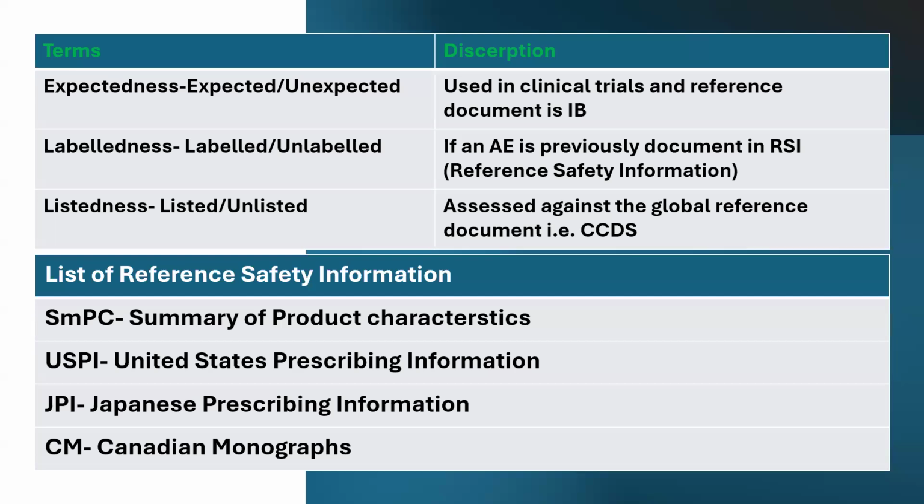Listedness or unlistedness is again assessed against global reference documents like the CCDS, the company core data sheet. There are certain types of different safety information documents: SmPC, the Summary of Product Characteristics; USPI, the United States Prescribing Information; JPI, the Japanese Prescribing Information; or CM, the Canadian Monograph. These are the types of reference standard documents based on their origin. If it is published in the US, it is called USPI. If it is in Japan, it is called the Japanese PI. If it is in Canada, it is called the CM, the Canadian Monograph.